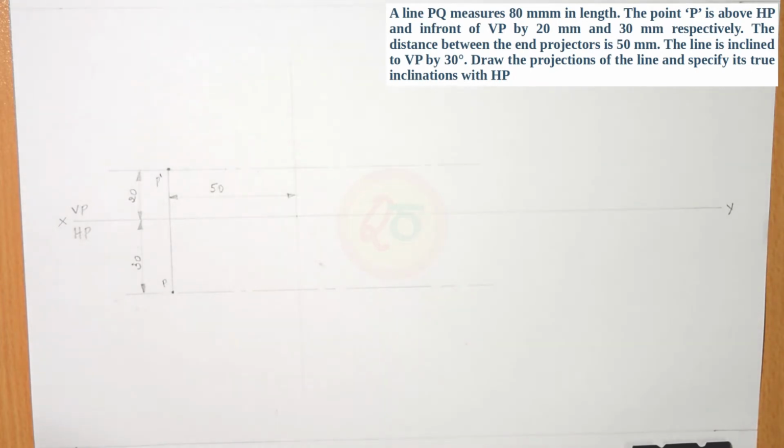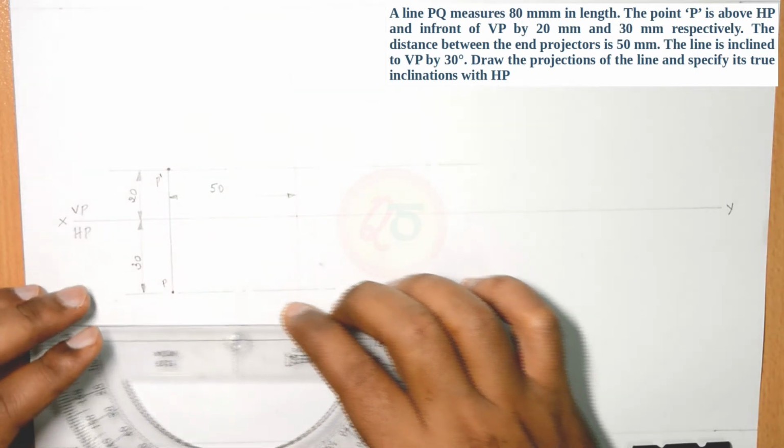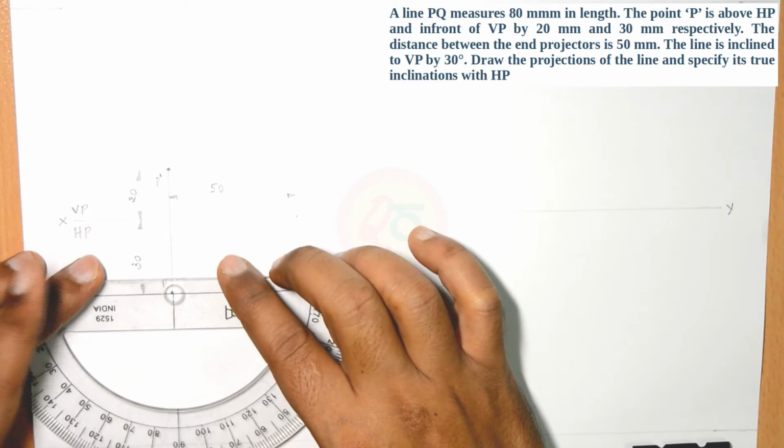Now, he says that the line is inclined at 30 degrees to VP. So, inclination to VP 30 degrees.